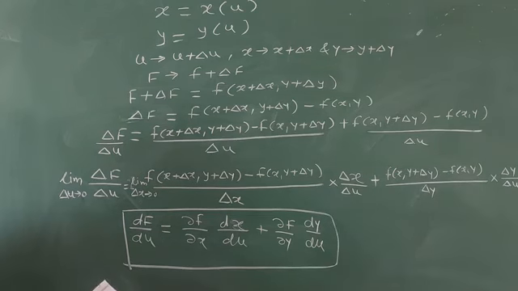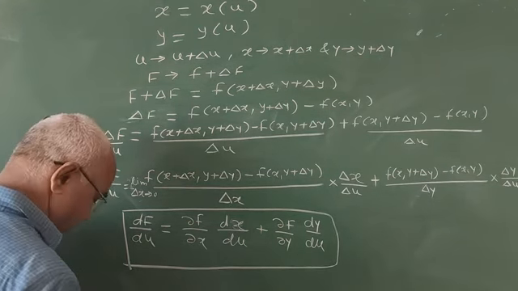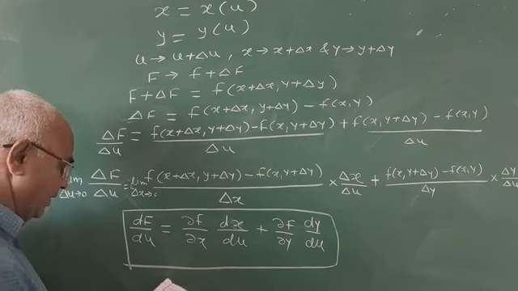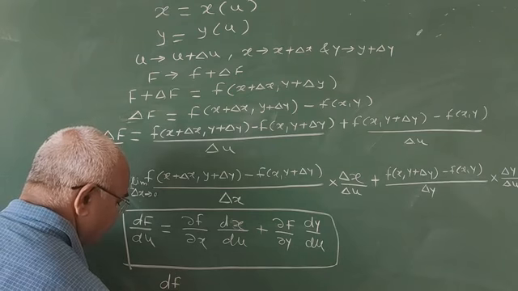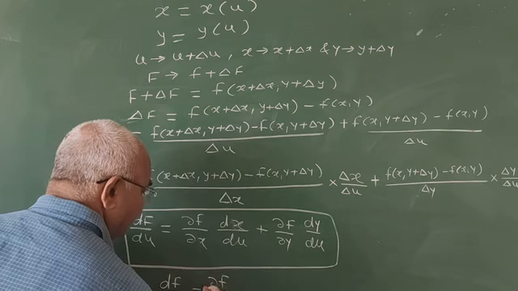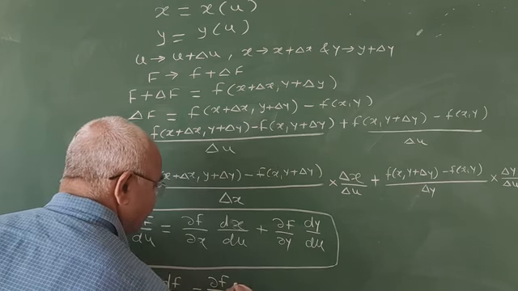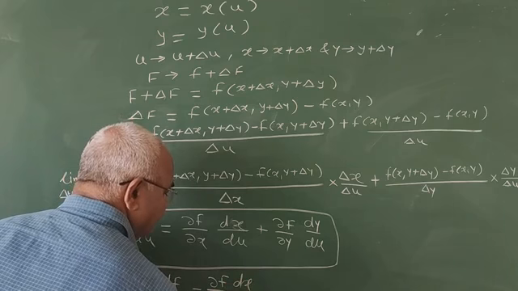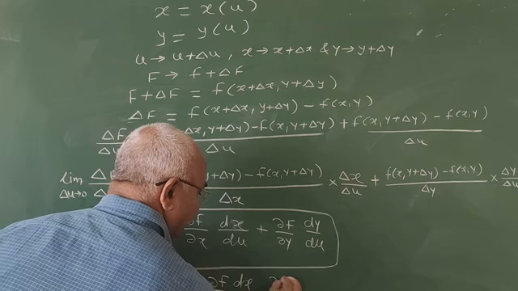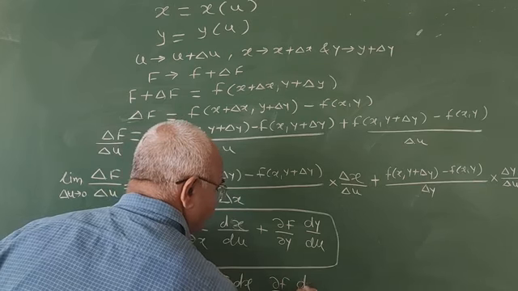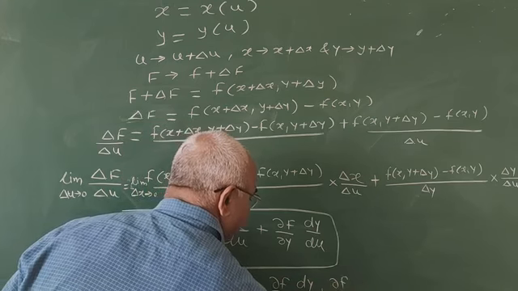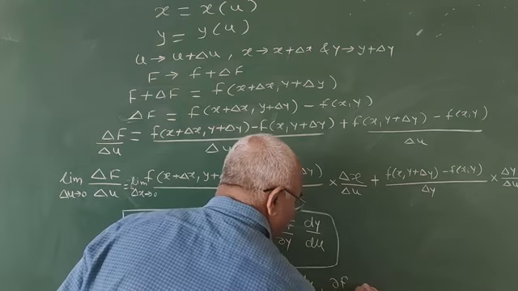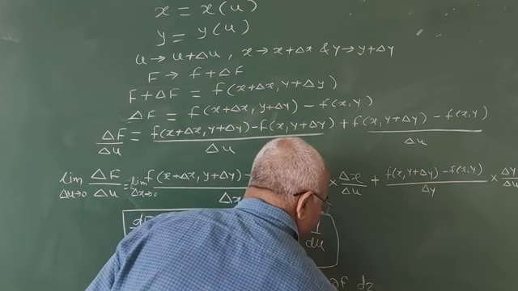Then using the same concept, df by du for three variables is del f by del x into dx by du plus del f by del y into dy by du plus del f by del z into dz by du.